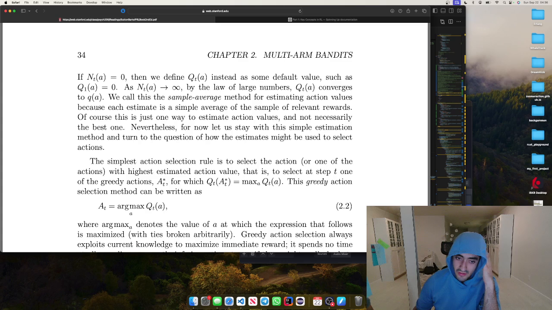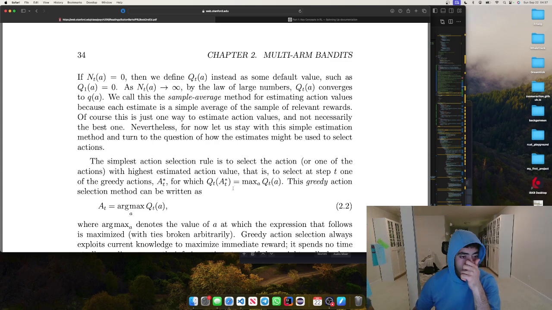The simplest action selection rule is to select the action, or one of the actions, with the highest estimated action value. That is, to select at step t one of the greedy actions, A_t*, for which Q_t(A_t*) is equal to max_a Q_t(a).